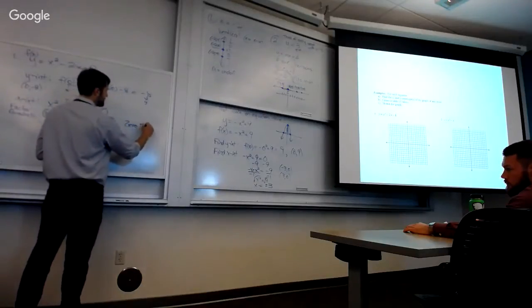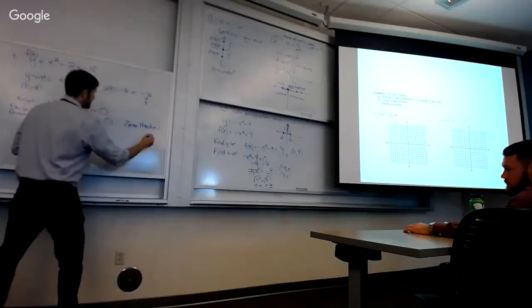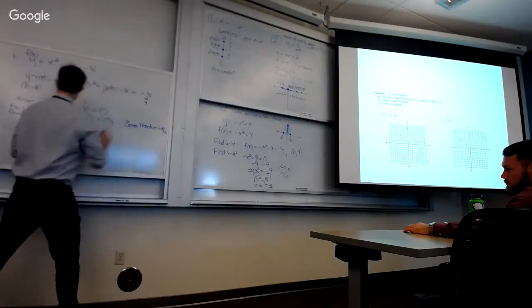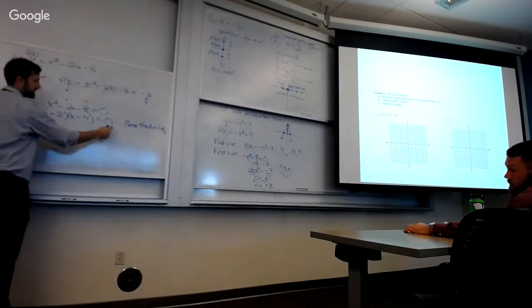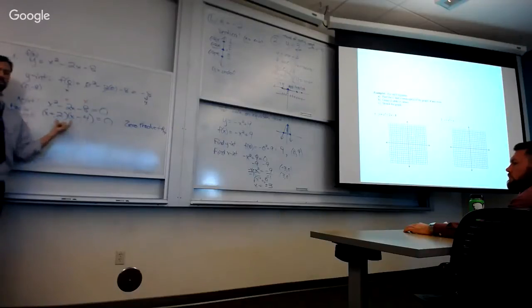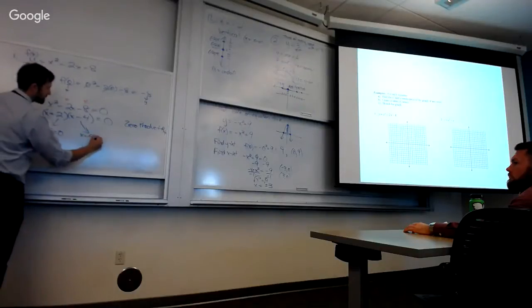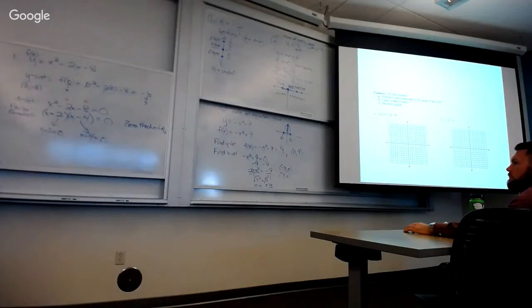What it states is that if you have something times something equaling 0, what does that tell you? One of them has to be 0. In fact, both of them could be 0. So what you do is you set each of those binomials equal to 0. You say, either x plus 2 must be equal to 0, or x minus 4 must be equal to 0. That's what the zero product rule tells you.